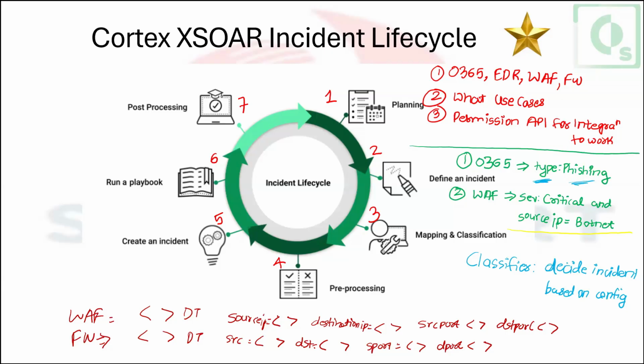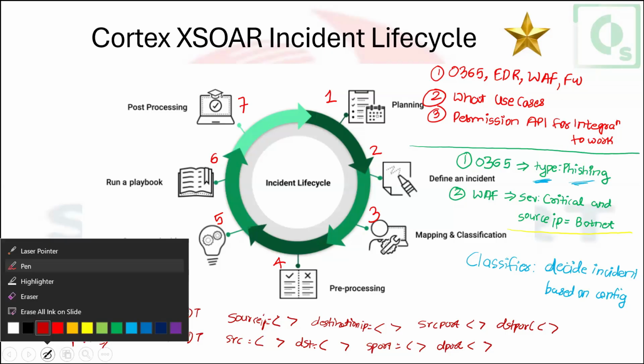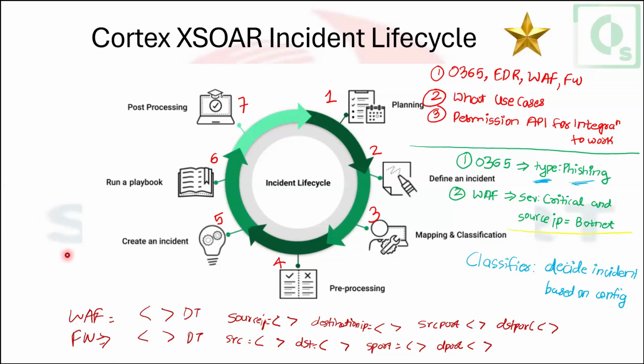If you observe one thing, the field which is SRC in my firewall is source IP in the WAF. The field which is DST in the firewall is destination IP in the WAF. The one which is S port is SRC port, and D port is DST port. Because these come from raw logs, we can't alter them.